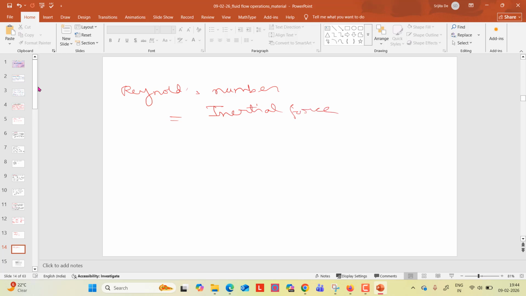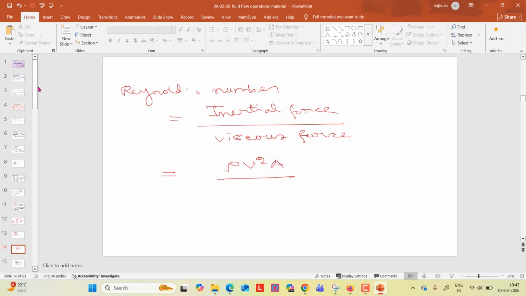This is a very important parameter in fluid. Why? The inertial force expression is rho v square A.